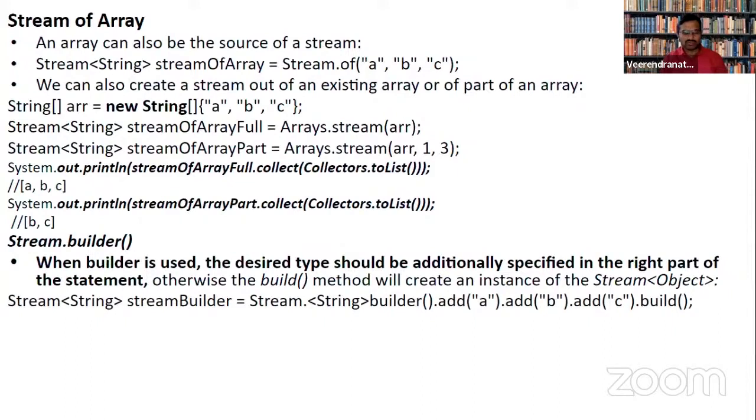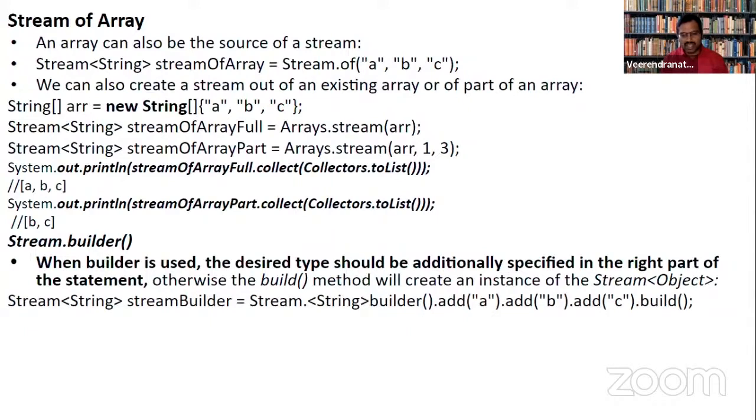We have a collection called the list collection, wherein we have ArrayList, LinkedList, Stack, and Vector. In those we generally have elements added to the list using the add method. But what we are doing over here is trying to use a builder.